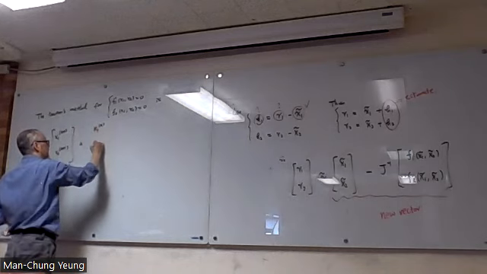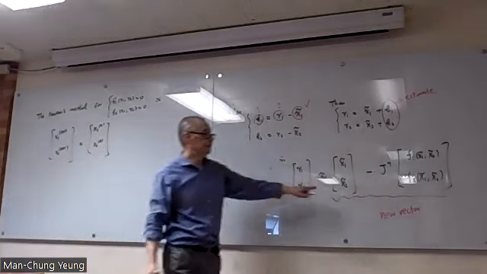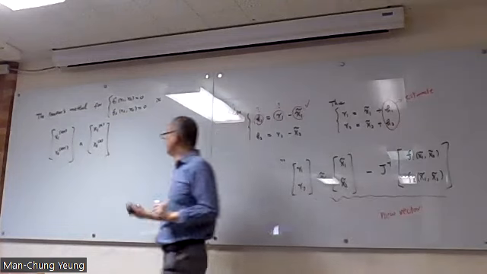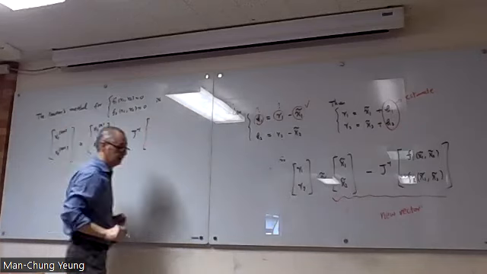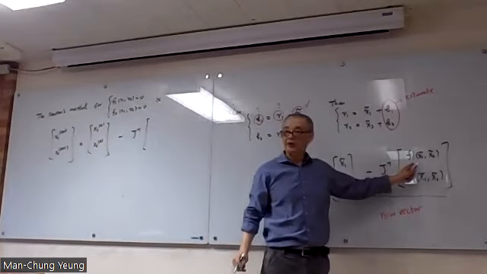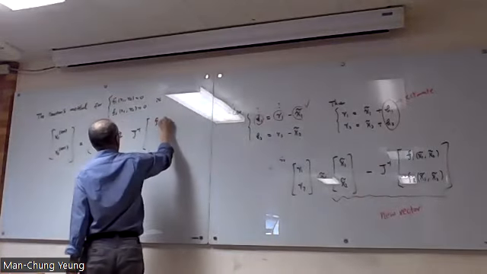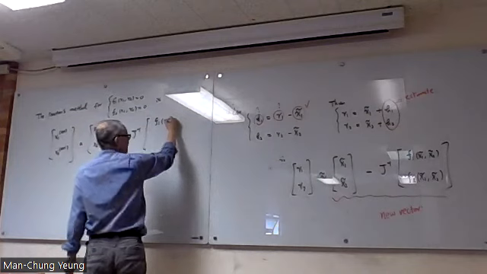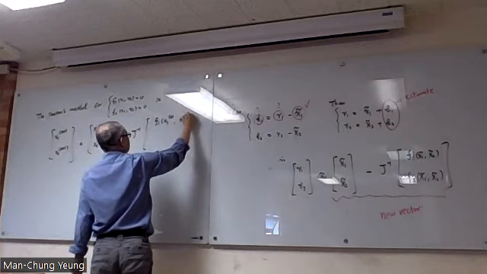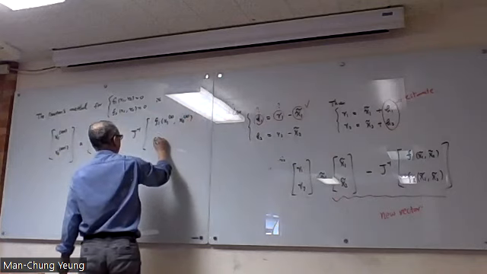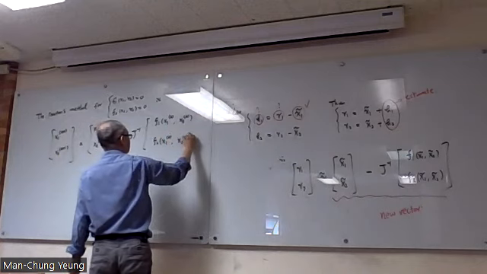Then x1 k, x2 k, and then the Jacobian inverse, times the function F1 and F2 at x1 k, x2 k.